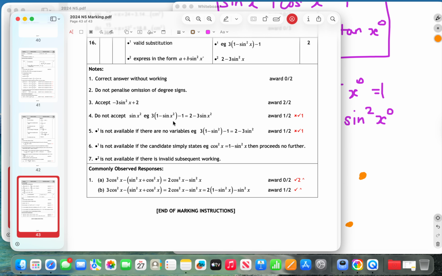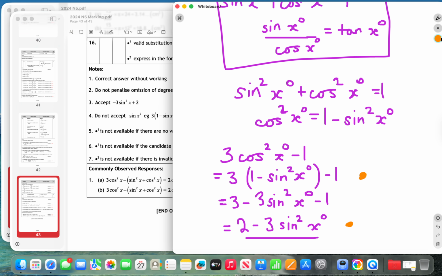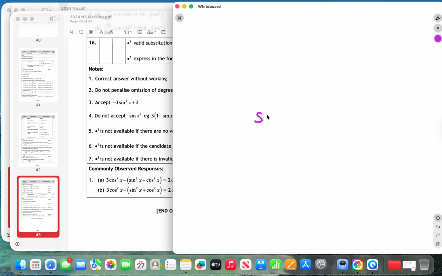And you would lose marks if you wrote something that looked like this, because that is equal to this. So what this means is you take x, you square x, and then you find the sine of it.